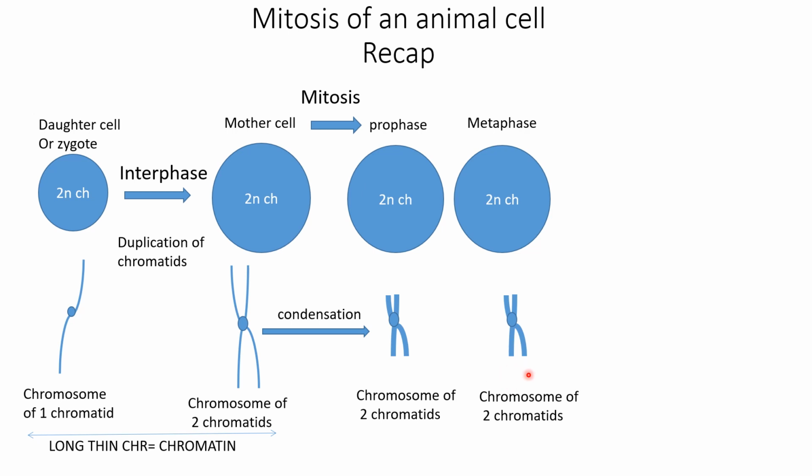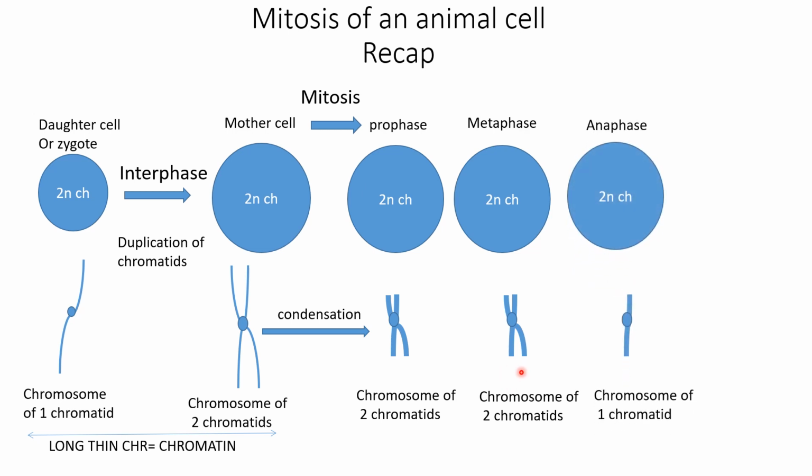of 2 chromatids each. However, in the third phase of anaphase, with 2N chromosomes at every pole of the cell, but every chromosome has now 1 chromatid.